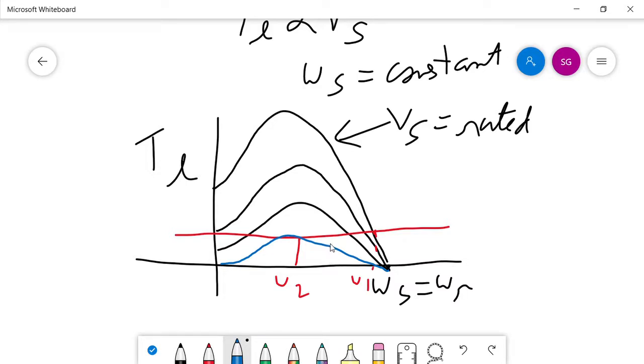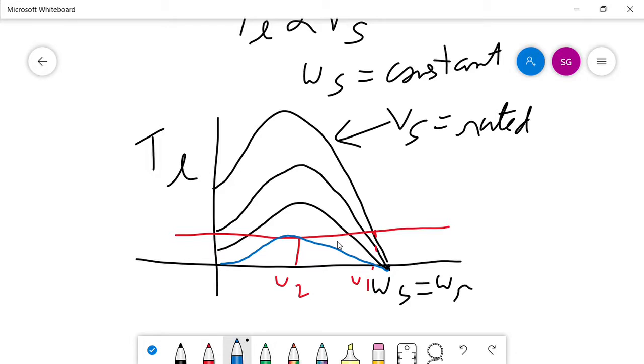So now this operating point will change. So by changing the supply voltage, we can change the operating speed of this three-phase induction motor.